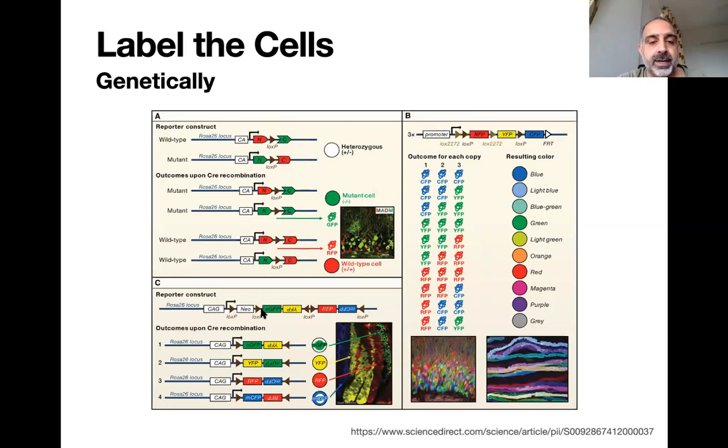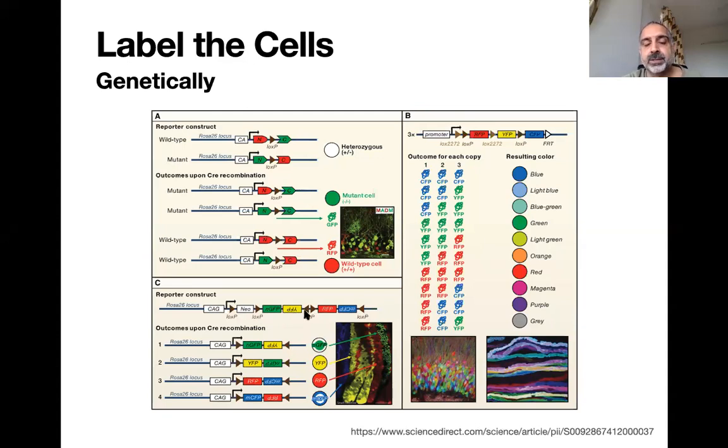So for example, here is what's called a rainbow construct. You have GFP and YFP, RFP and CFP, so blue fluorescence, red fluorescent, yellow and green fluorescence, all put into this construct with different configurations of LoxP sites.